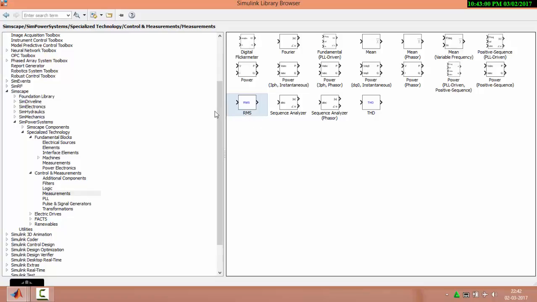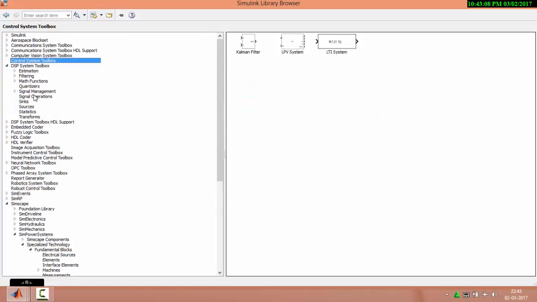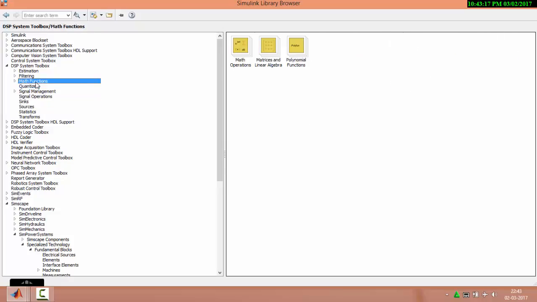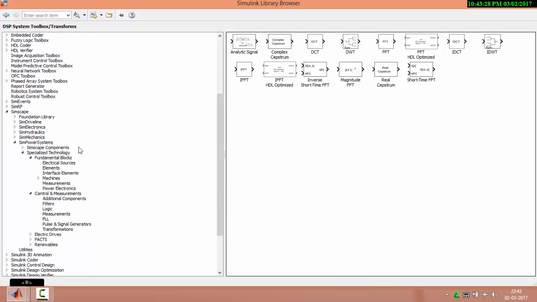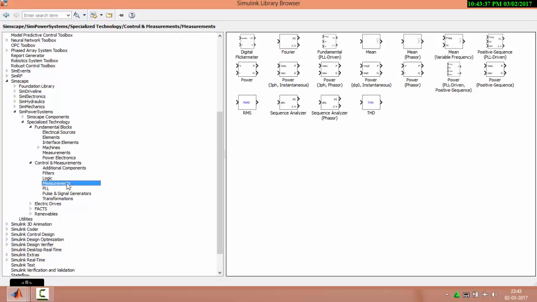And again you have RMS in the DSP System Toolbox, but this will not work for our SimScape. And hence don't get the RMS block from the DSP System Toolbox. Ensure that you get your measurement from Sim Power Systems, control measurements. Go to RMS, add it.